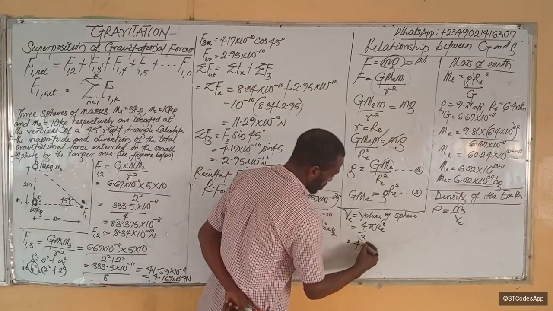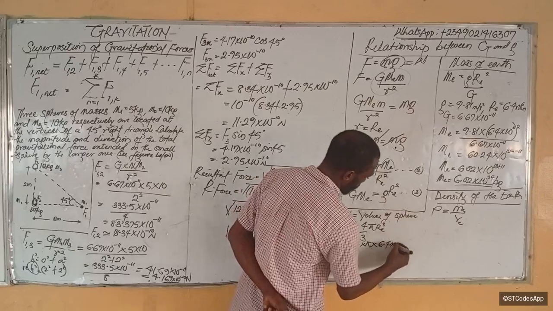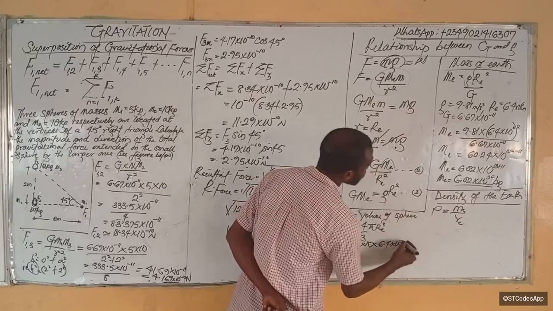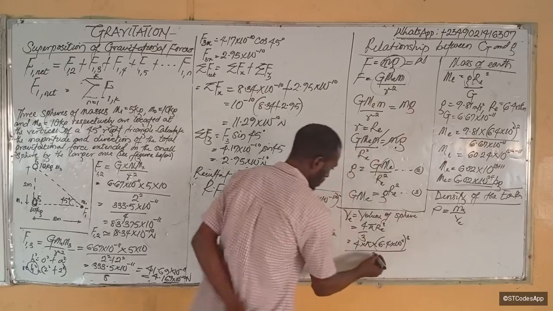So this becomes 4 times pi times the radius of the Earth, which is 6.4 times 10 to the power 6, all cubed, all over 3.